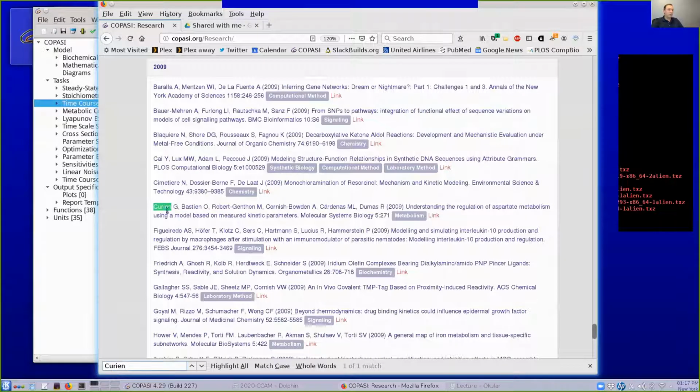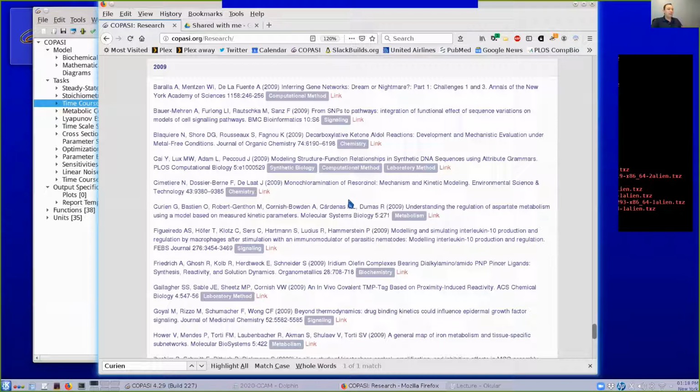So it's actually this paper, understanding the regulation of aspartate metabolism using a model based on measured kinetic parameters, that appeared in Molecular Systems Biology in 2009. It's actually a paper on plant metabolism, but it is useful in this case as an example. So you could go and get the paper. If you press here on link, you'll see other ways of finding this paper.